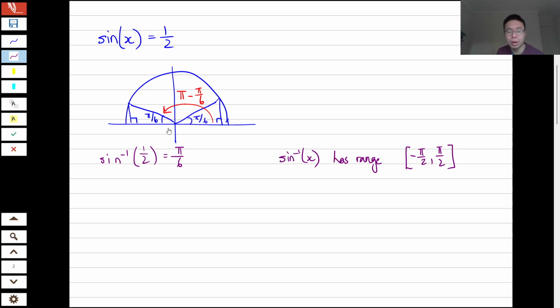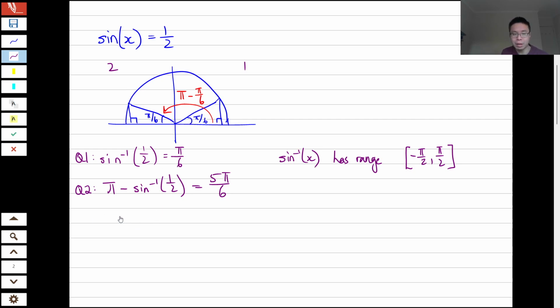So if we want to get the second family of solutions, we'll need to do pi minus the inverse sine of a half, which gives me 5 pi on 6. And that's this red angle here. So this is quadrant 1, and this is quadrant 2.